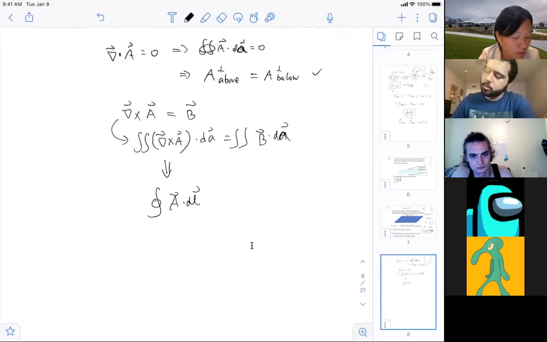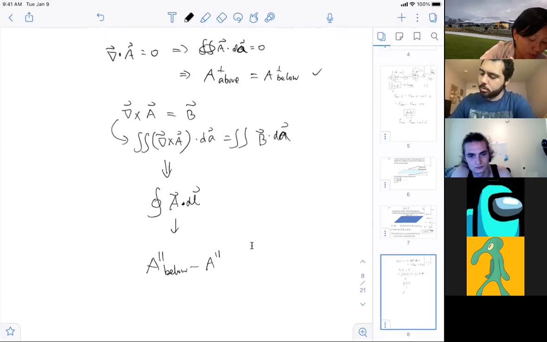Yeah. Okay, all right, so if it's A dot dL, we all agree that we're trying to extract the parallel component of that. So it will be A parallel below minus A parallel above, multiplied by L. But eventually, we will want to cancel out the L, so I'm just going to get rid of this L for now.